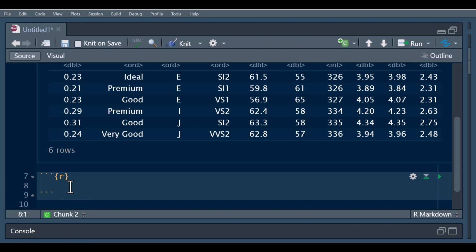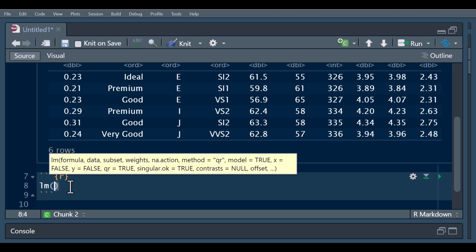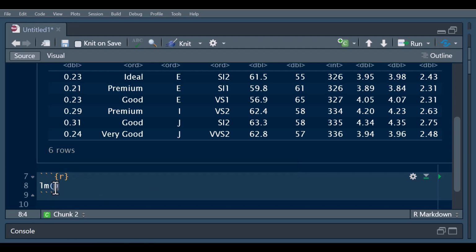So the regression function in R programming is the lm function. I'm going to be using the lm function, where we're going to give our formula first. So which variable are we using to predict a particular variable? Then our data. Then the remaining are optional arguments. So for the formula, we want to predict the value of price using carats.